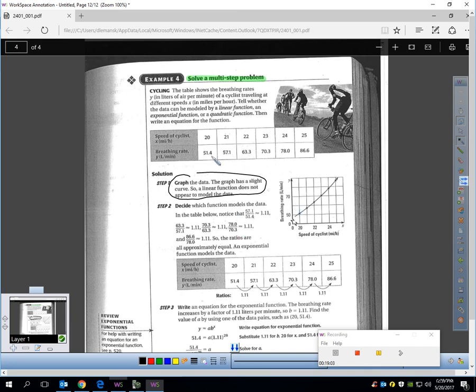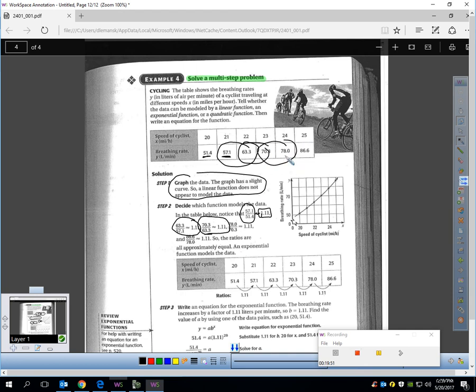Well, they start going with the table, and this is where I think it is easy to talk about. They said earlier that exponential functions have the same ratio. Here's what they mean by ratio. It's a multiplication pattern. 57.1 divided by 51.4 is about 1.11. 63.3 divided by 57.1 is about 1.11, and 70.3 divided by 63.3 is about 1.11.